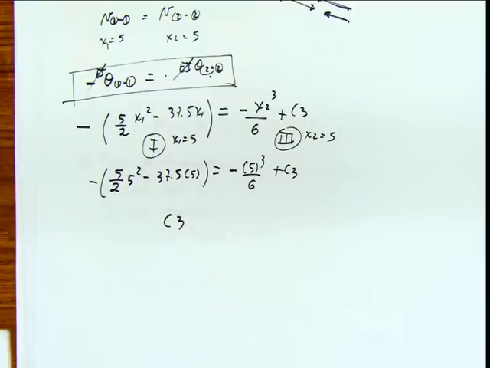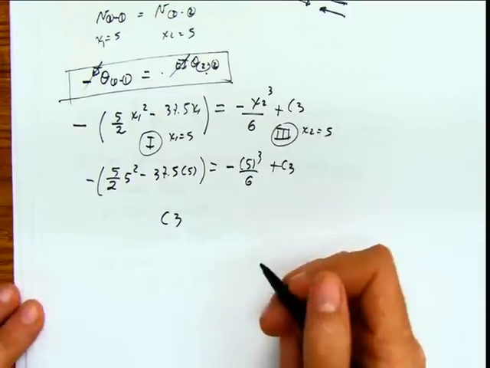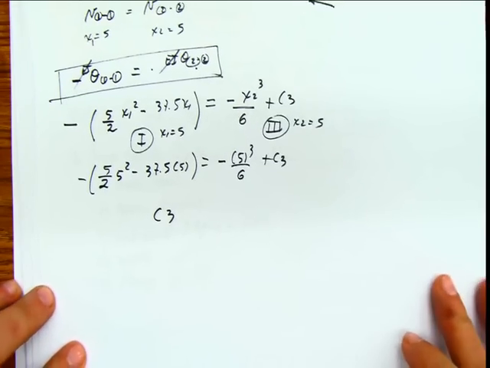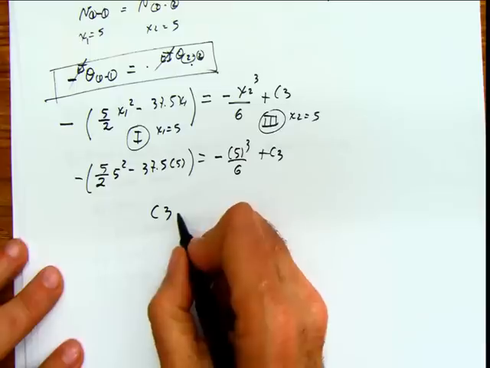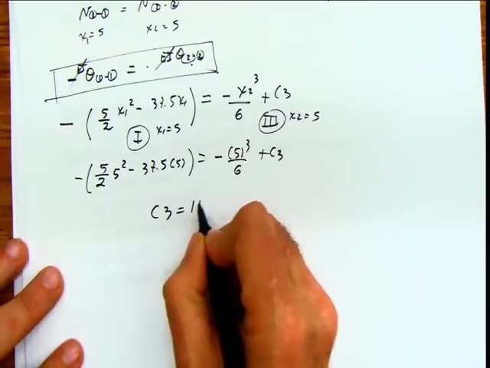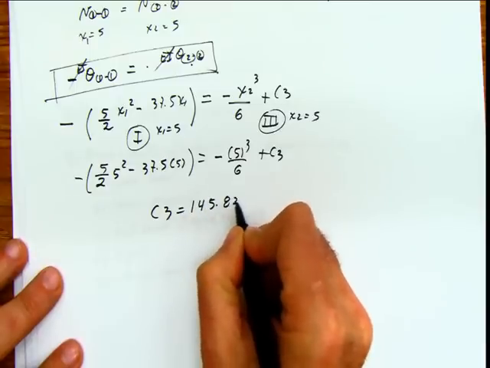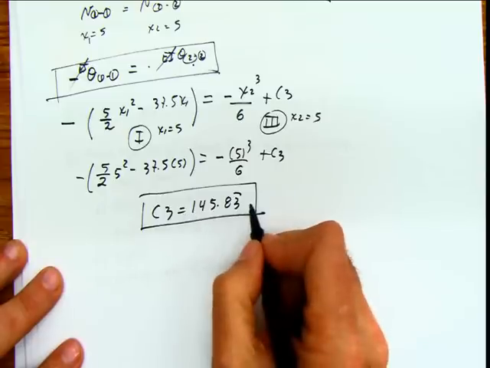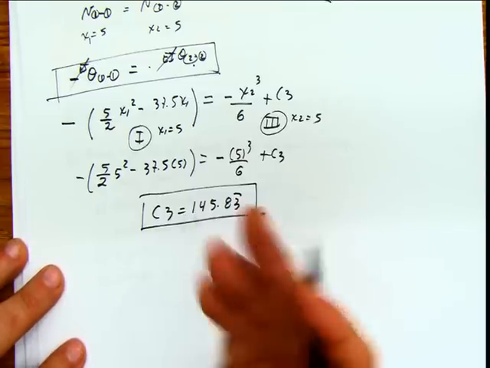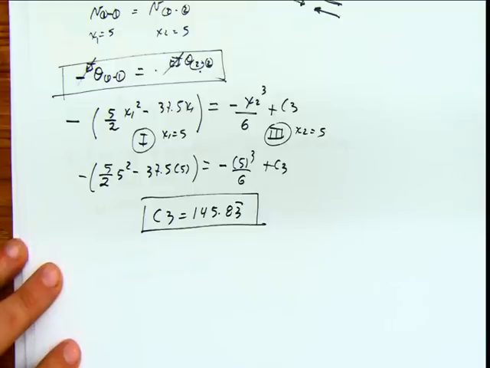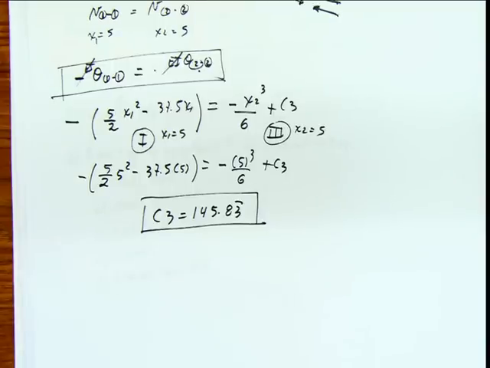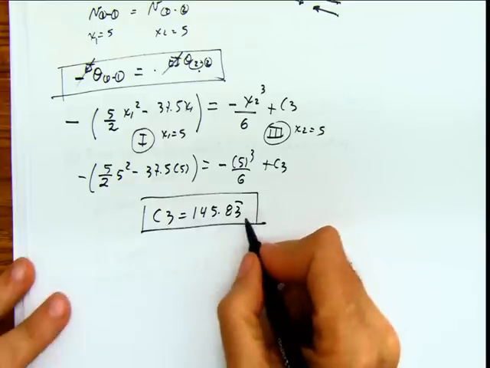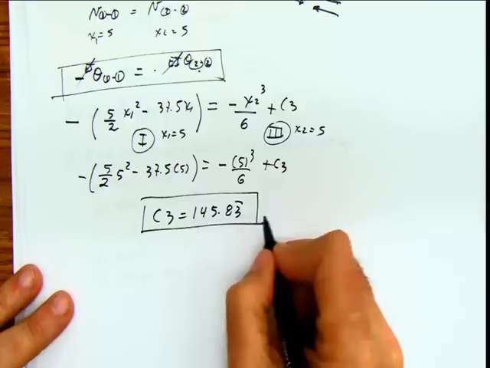And c3, if I'm not mistaken, which I don't think I am, is going to be 145.83. This is going to be a weird unit because remember we have EI on the other side of the equation. So just keep in mind that the units have to be coherent. If you work with coherent units, at the end you're going to have the units that you're looking for. So I'm not going to be worrying about even naming what units these are.